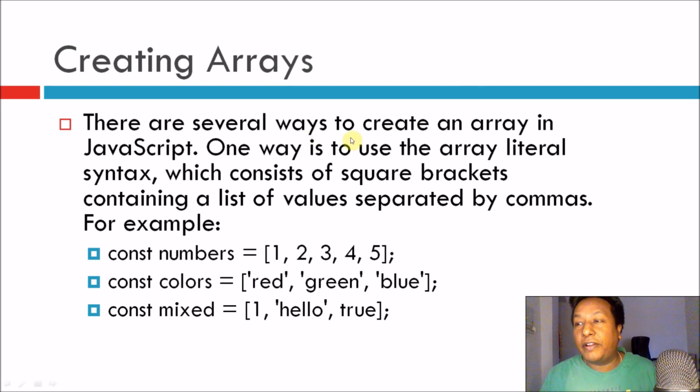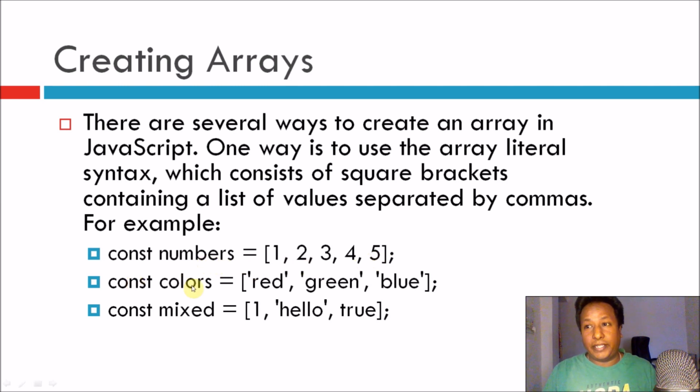There are several ways to create an array in JavaScript. One of the easiest ways to create an array is to use square brackets. If you see here, in the first line I have used const numbers equal to, in brackets, 1 2 3 4 5. So here you can see it is an array of numbers. We have stored 5 numbers in this array.